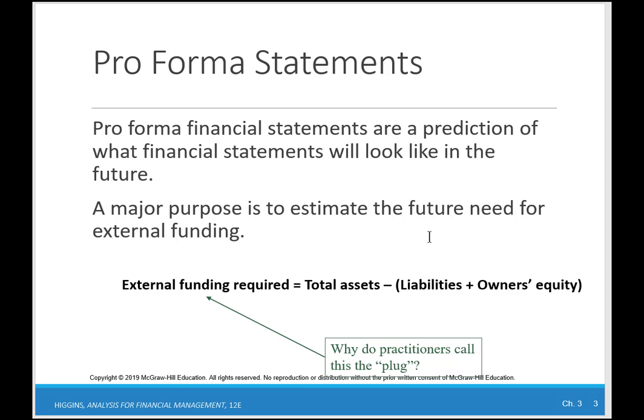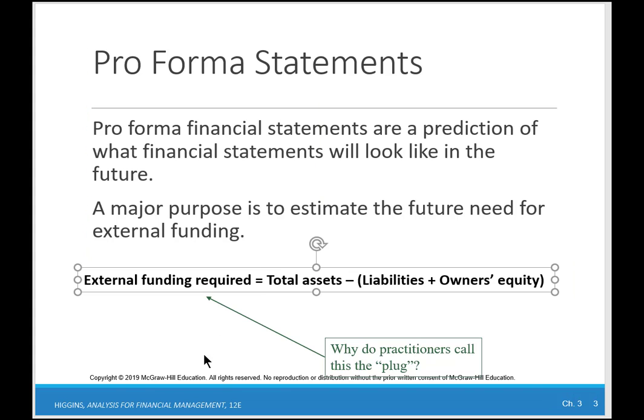So the first step of this is a long-term kind of plan. It's referred to as pro forma financial statements. So we're going to predict financial statements. A major purpose, actually the primary goal of this whole thing, is to establish what we refer to as the external funding required.